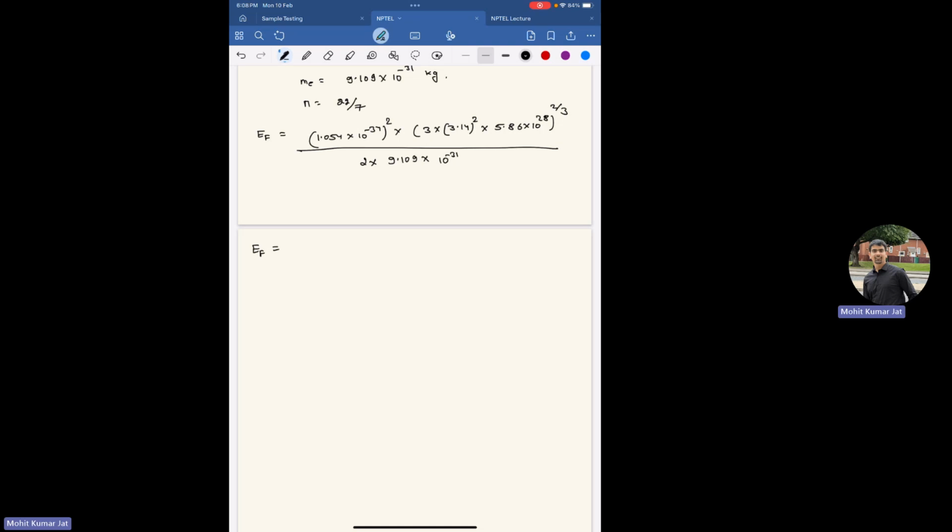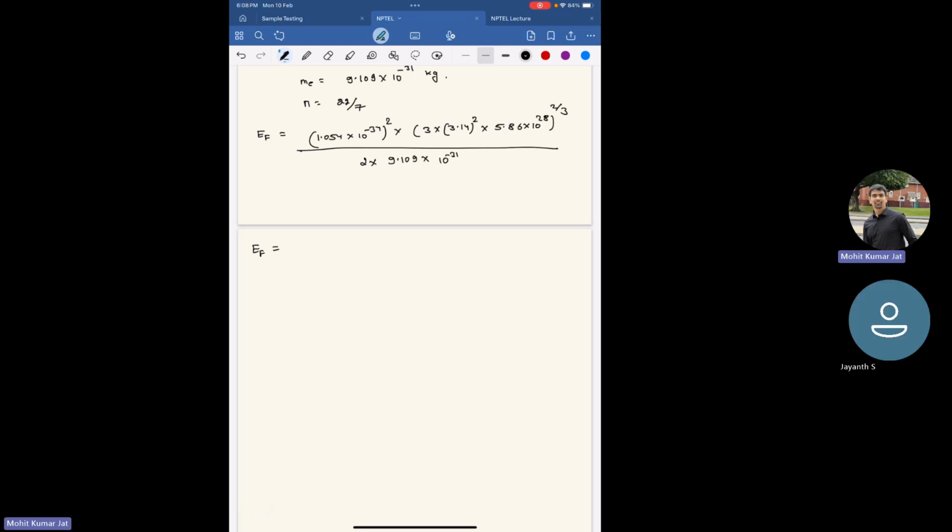So this gives me 1.602 into 10 power minus 48, divided by 2 into 9.109 into 10 power minus 31. Remember, this energy is in joule. So let's solve it further.